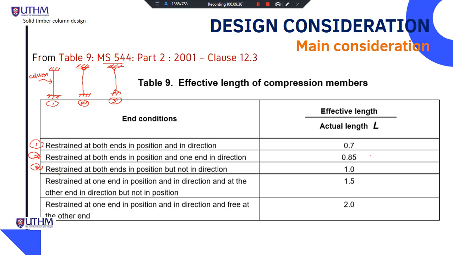So for end condition number 3, you need to multiply the length with 1.0 to get the L effective, the effective length.